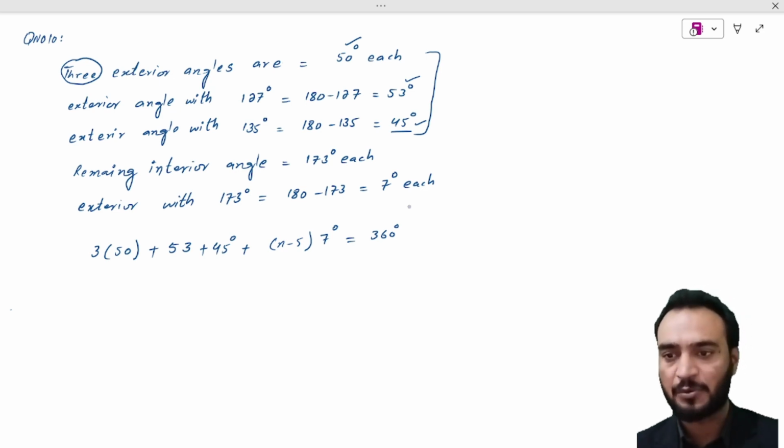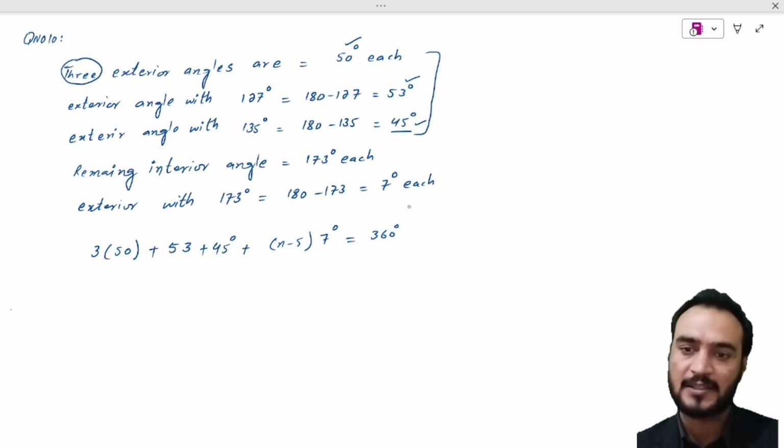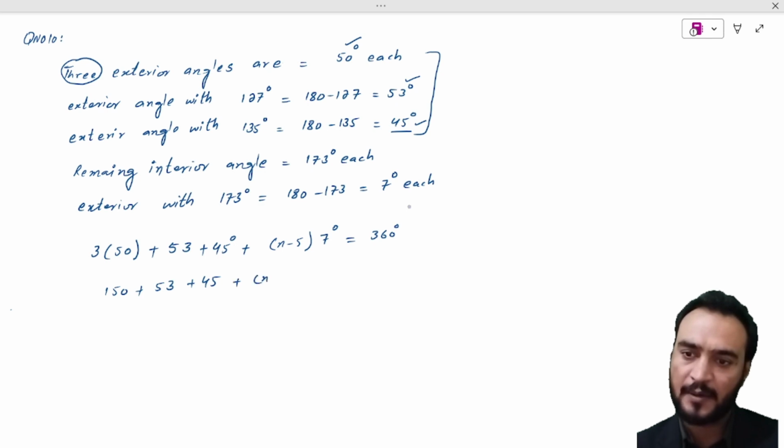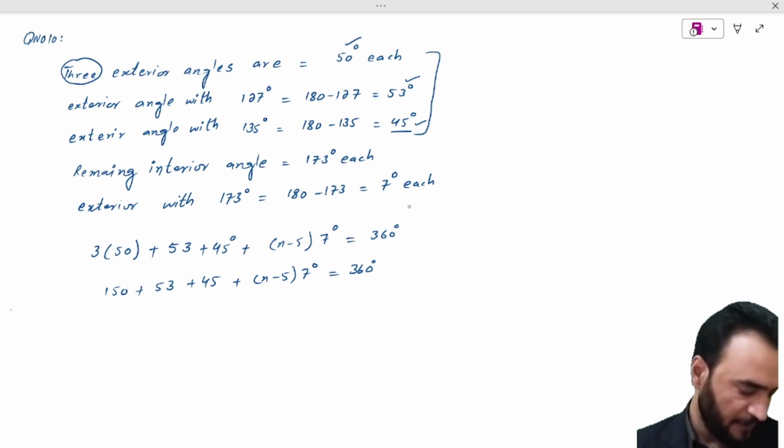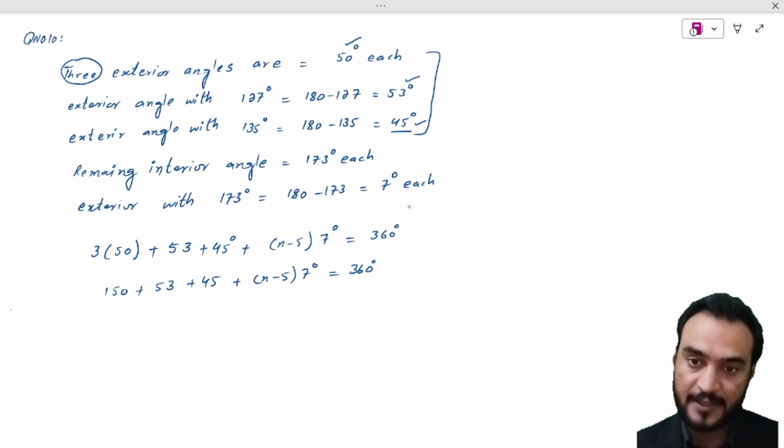Now we solve this equation to find the value of n, the number of sides. 50 times 3 is 150, plus 53, plus 45, plus n minus 5 times 7 equals 360 degrees. Adding 150, 53 and 45, we get 248.